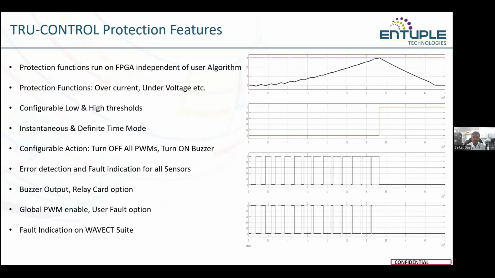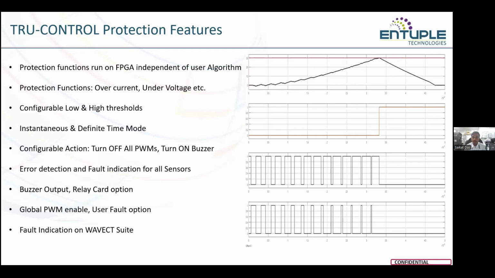Whenever any fault triggers, the controller will automatically detect the fault and turn off the PWM from the controller so that your converters will be safe. From the controller you also get a buzzer sound, and from the software you get an indication that a fault has happened. It may be a voltage fault, or it may be a PWM fault.